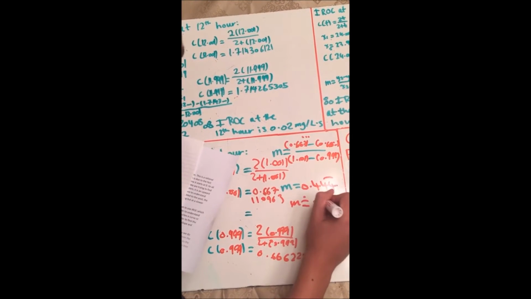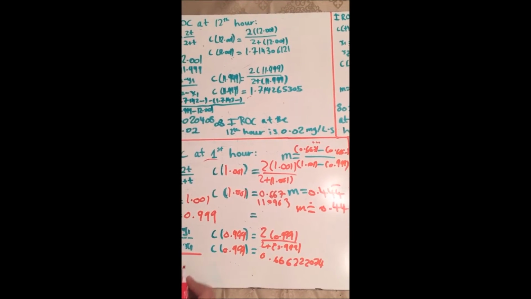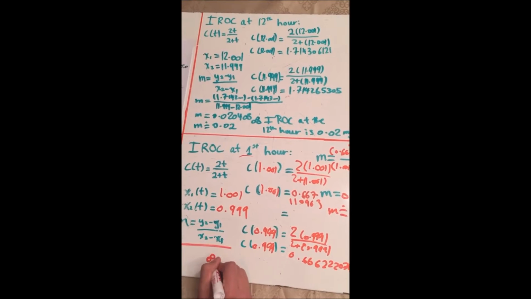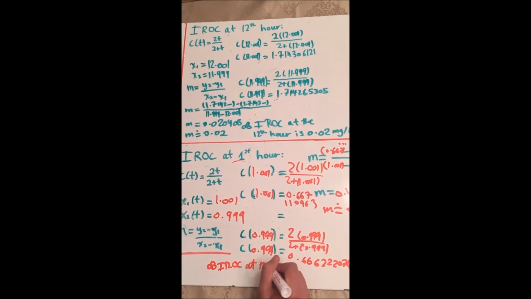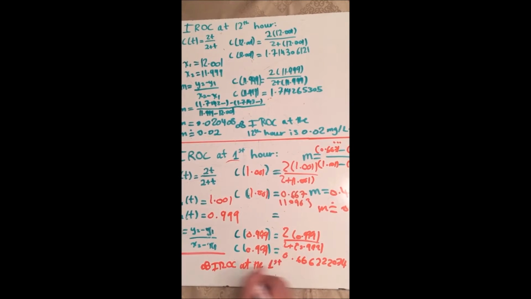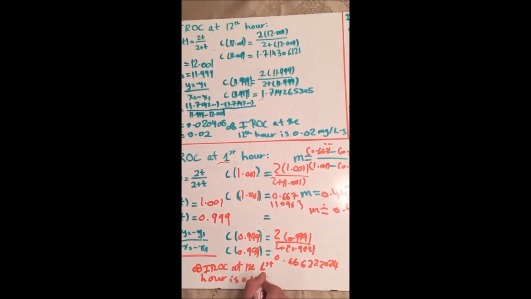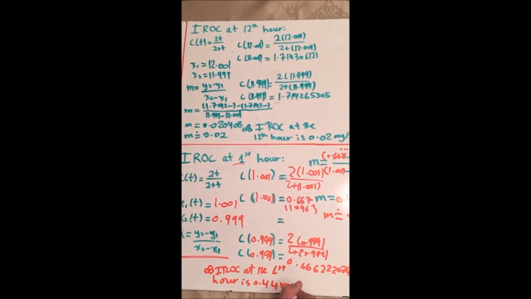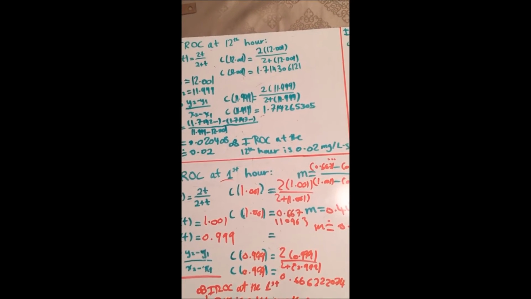We can round that to 0.44. We can then write our conclusion statement that therefore IROC at the first hour is 0.44 milligrams per liter per second. Unit analysis is very important.